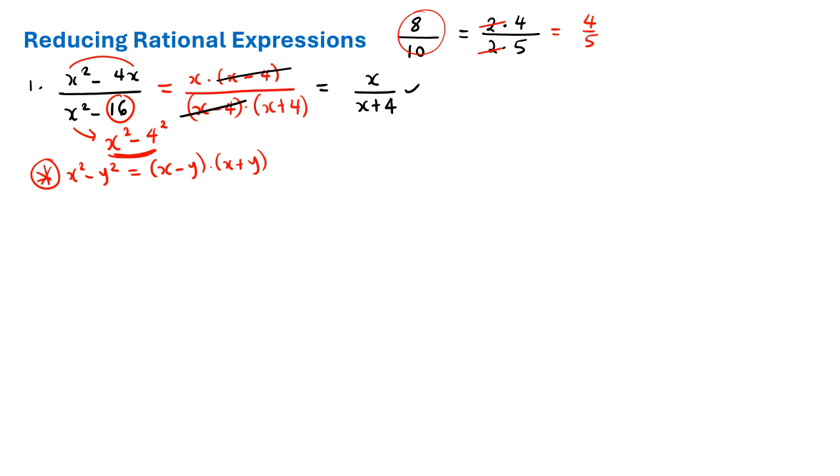This is good. But one common misconception that I would like to point out is please do not make the mistake of taking x over x plus 4 and then crossing out x and x. You can't do that, because the x in the denominator is not alone; there's a 4 added to x.